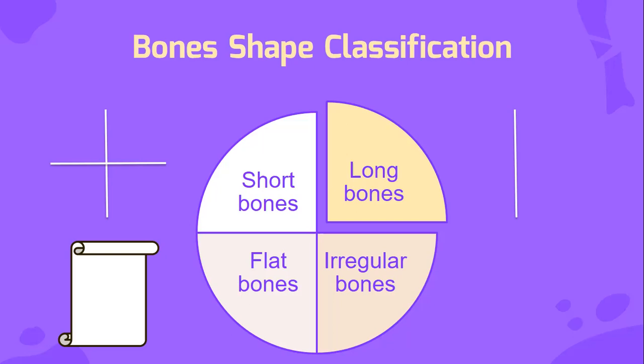And the final one would be irregular bones. These are bones that are not in any of the other three categories, and are classified as irregular bones. They are primarily spongy bone, and they are covered with a thin layer of compact bone. Some examples of irregular bones are the vertebra and some of the bones of the skull, for example, the temporal bone, right?